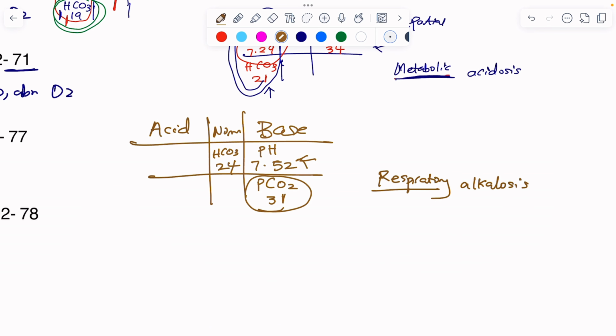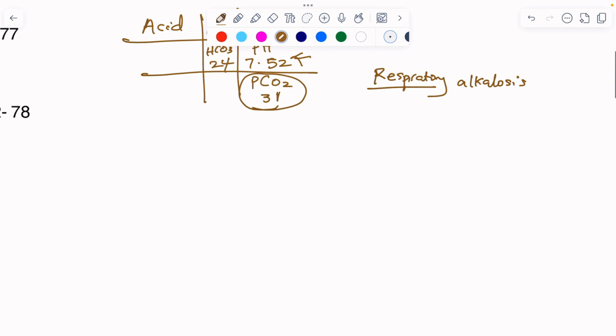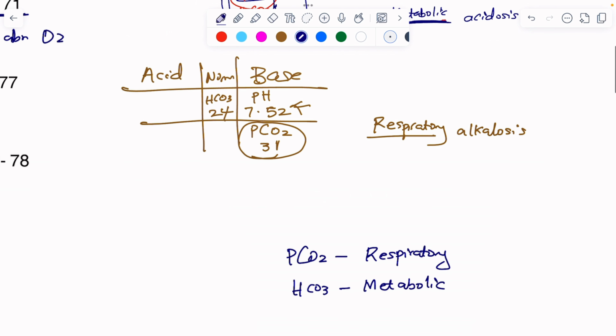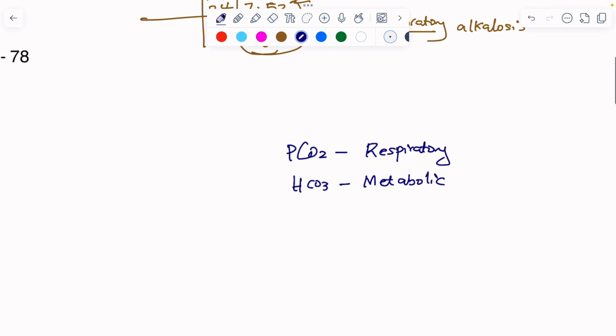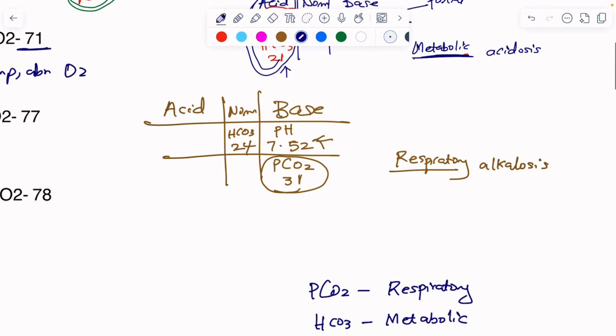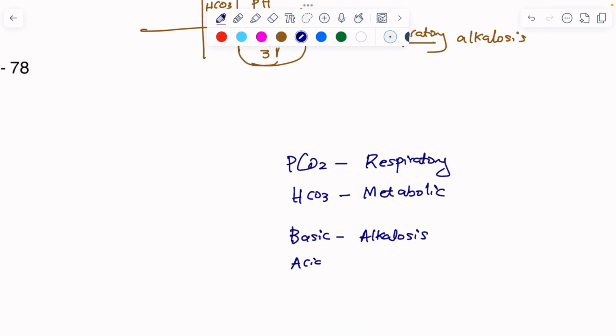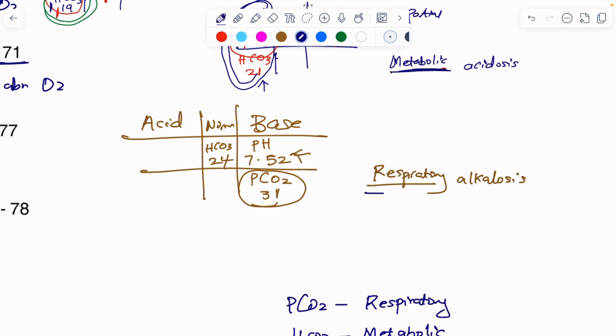Guys, wherever you see the PCO2, it stands for respiratory, and wherever you see this one, it stands for metabolic. Depending on if it is on the basic side, that's going to be alkalosis, and if it's on the acidic side, that's going to be acidosis.